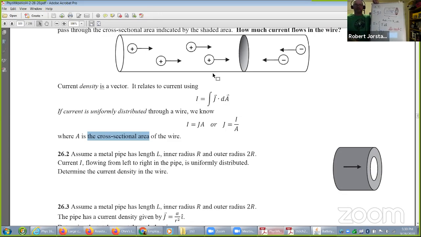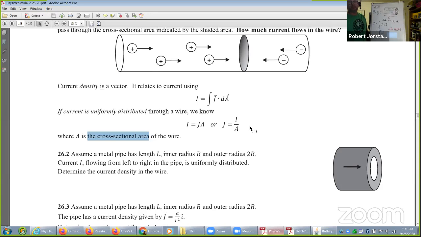The length L absolutely matters on the next page when we talk about resistance. The longer a pipe is, the more friction there is with the walls, the more drag. Similarly, the longer a wire is, the more resistance you have. But that's not what we're talking about. Sam, did that address your question?